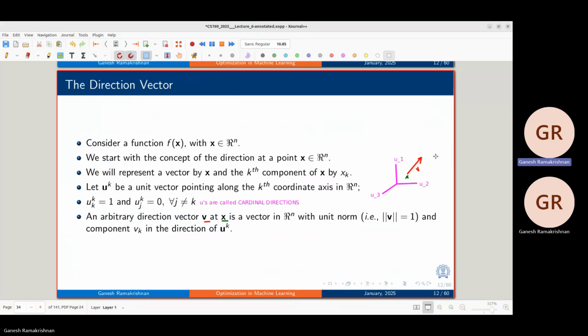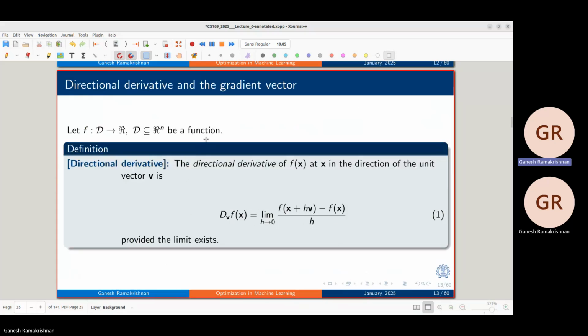We are always interested in disentangling the magnitude from the direction. So when we say direction vector, there's no magnitude associated, which is why it has norm equal to one. We are talking about the Euclidean norm here, Euclidean space. When we talk about steepest descent later on, we'll say you can think of other spaces. But currently we are back to Euclidean space, just for convenience of visualization.